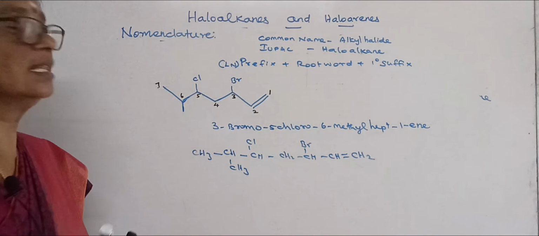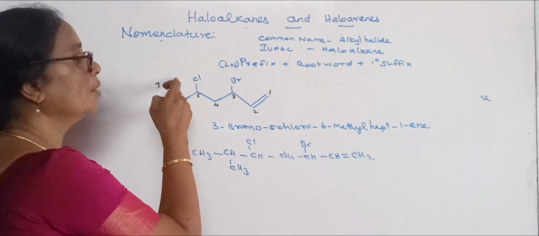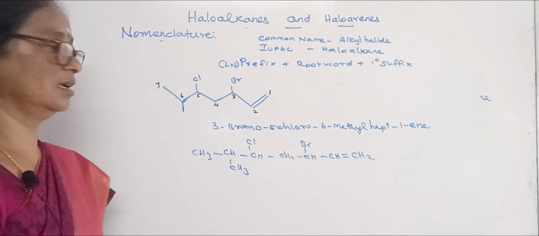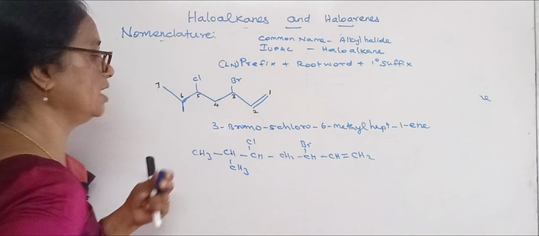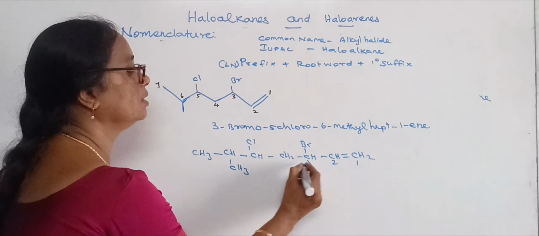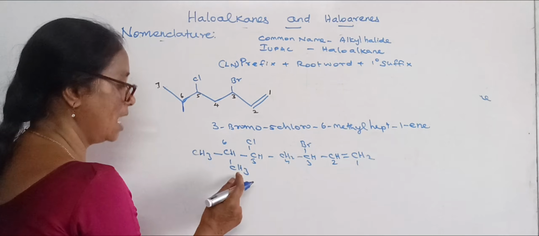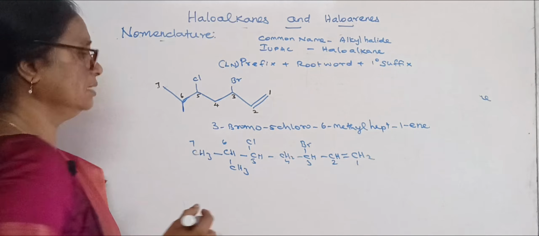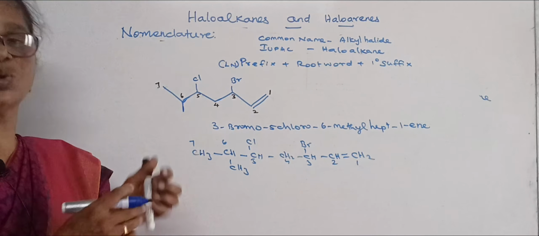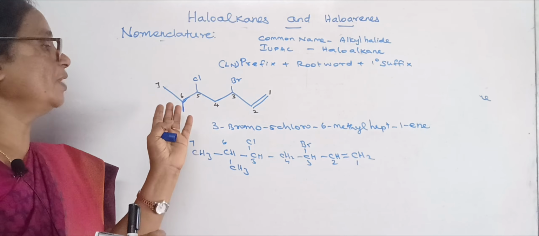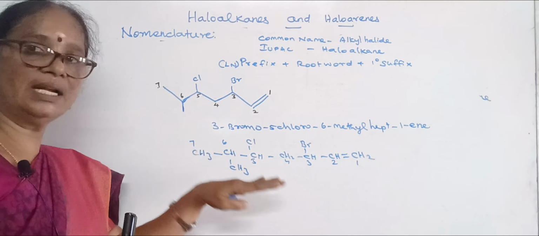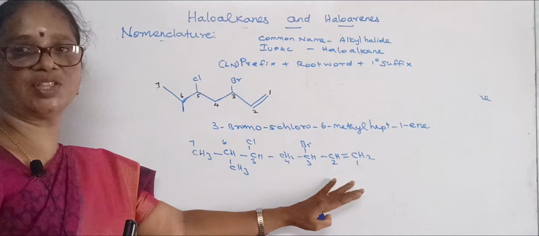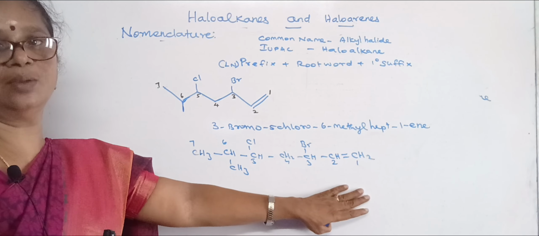This is the proper structure of the bond line structure. You can also identify the numbering 1, 2, 3, 4, 5, 6, either 7 or this 7, that gives the same name. So if you are confused by the bond line structure, you can make it into a proper structure of the molecule and you will be able to name it.